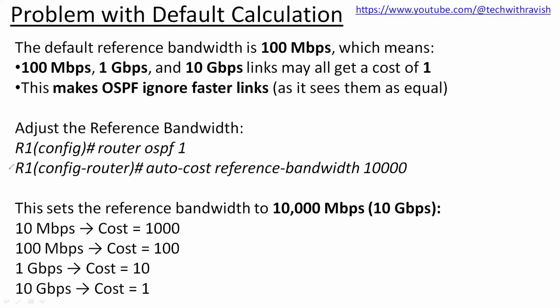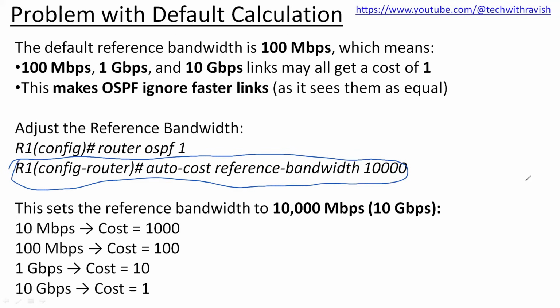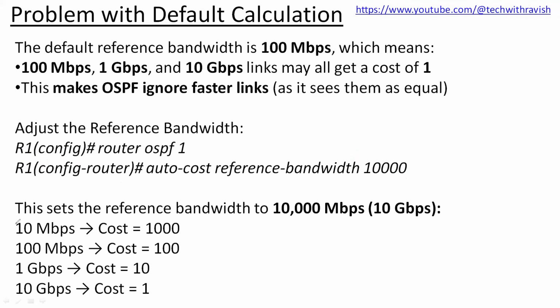After applying this configuration, the default path cost will change. A 10 Mbps link will have a path cost of 1000, a 100 Mbps link will have a path cost of 100, a 1 Gbps link will have a path cost of 10, and a 10 Gbps link will have a path cost of 1.